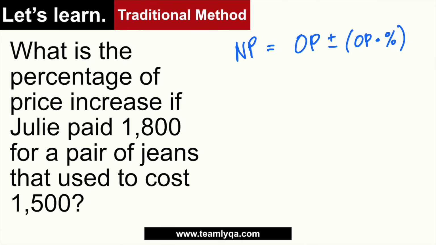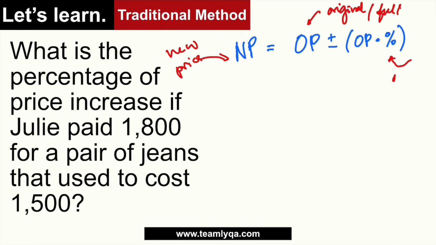Okay? So, again, just to name them, this is the new price, and then, ito yung original price, or the full price. And then, ito yung kanyang rate. Now, in this case, dahil rate ang nawawala, that would become your x.